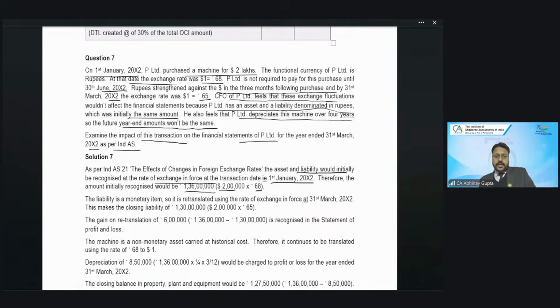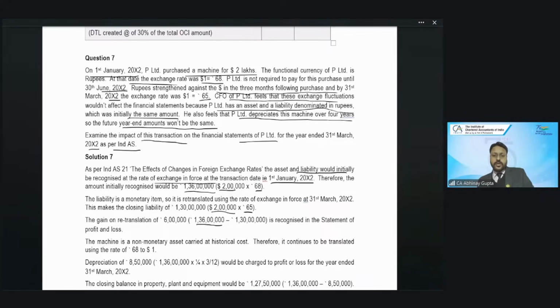The liability, that is the creditor, is translated using the exchange rate as at 31st March 2002. That is the restatement of the creditor. So the creditor is for how many dollars? 2 lakh dollars, because the machinery was worth 2 lakh dollars, into the new rate 65. So 1 crore 30 lakhs. Initially the 1 crore 36 lakh was the creditor balance.